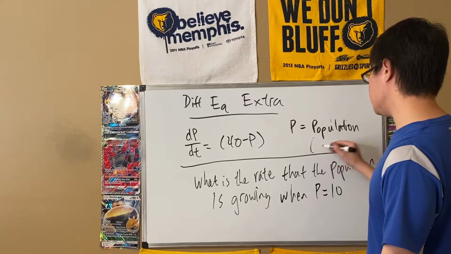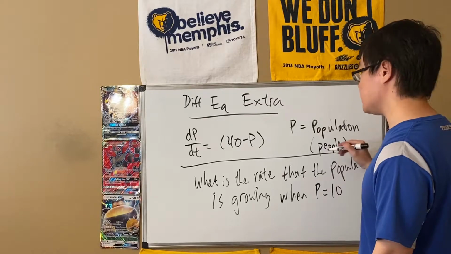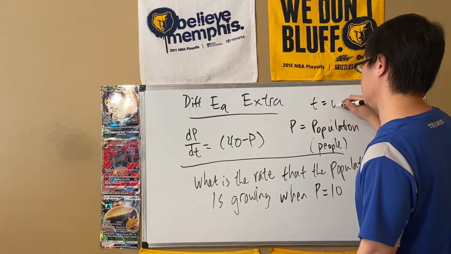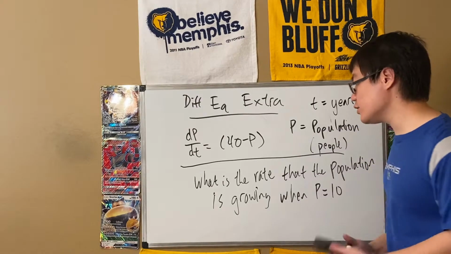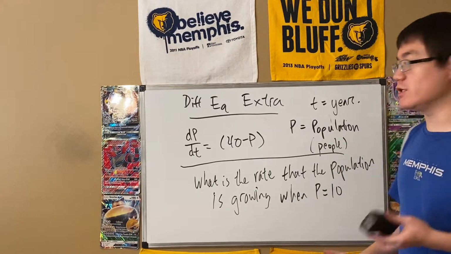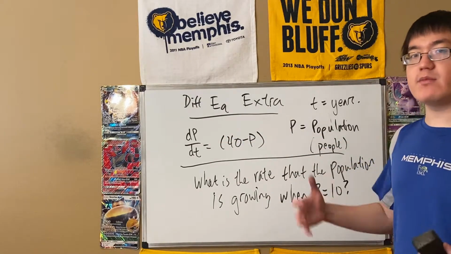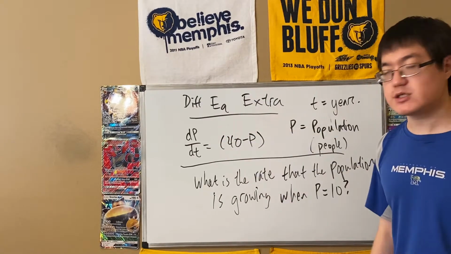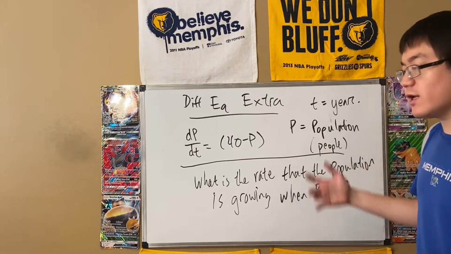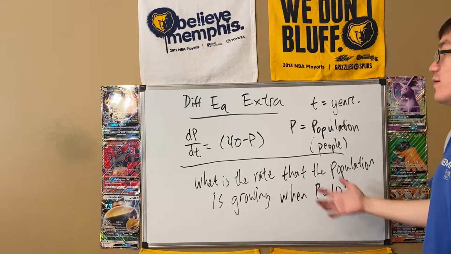Let's say that population is in terms of people, I guess. Let's say t is in terms of years. So what we're doing is finding the rate that the population is growing when the population is 10. Well, because this is already the derivative, remember that the given itself, the differential equation, is the derivative itself. Rate is a derivative, so usually you have to find the derivative, but in this case, all you have to do is plug in the number.